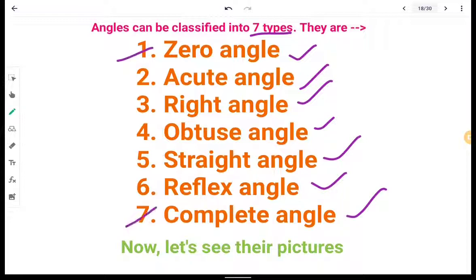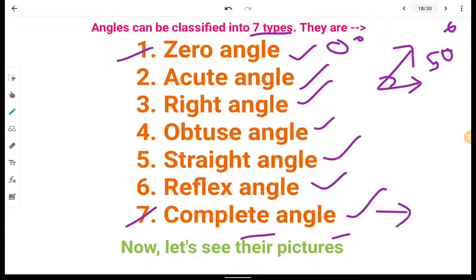And the complete angle, you might ask, if I draw an angle like this and it is 50 degrees only, is this a complete angle? No. By complete angle we mean 360 degrees.